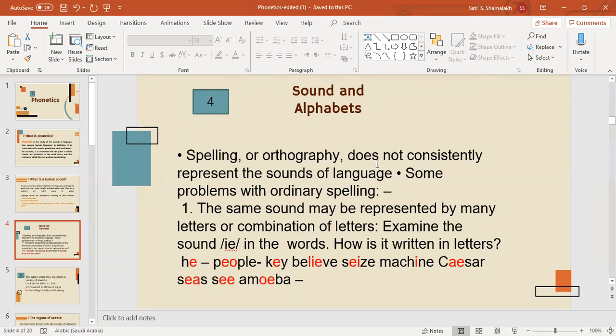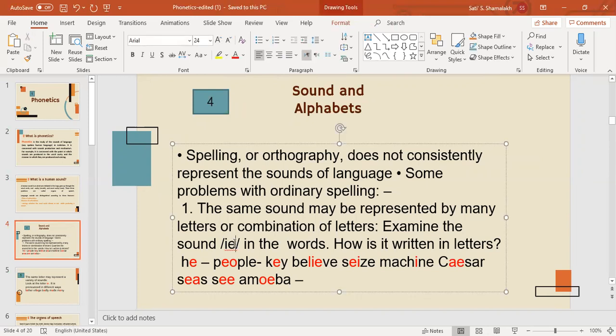One sound may be represented in many letters or letter combinations. Let's see the examples here written in red. Now, we have the sound E. It's written between two slashes. This is how to write a sound, the sound E, phonetic writing, okay?